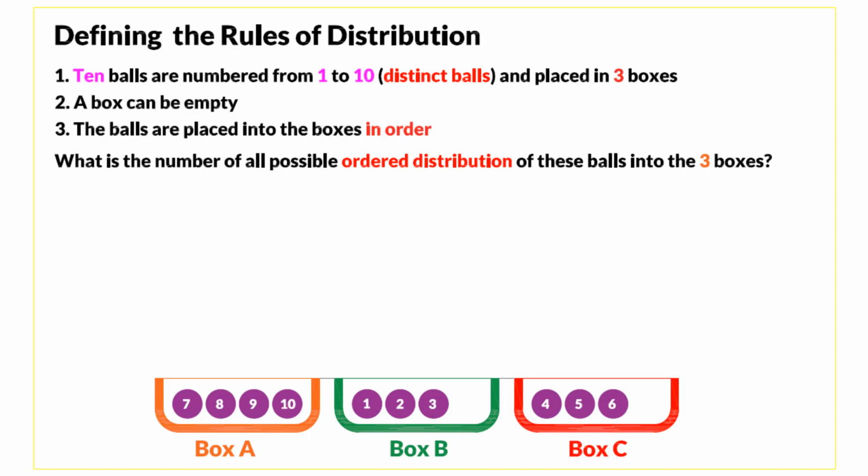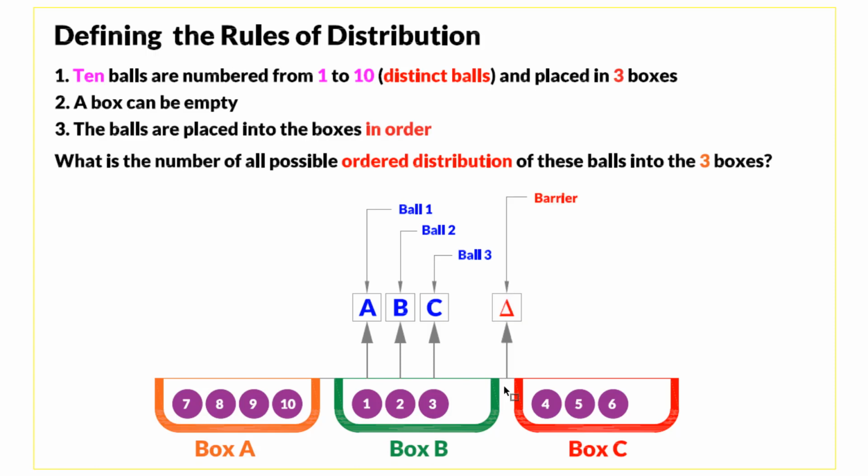So to do that, we need to map these balls and these barriers into a sequence of letters. So we map ball number 1 into A, ball number 2 into B, ball number 3 into C, and this barrier here we map it as delta, and this barrier here between box A and box B also we map it as delta.